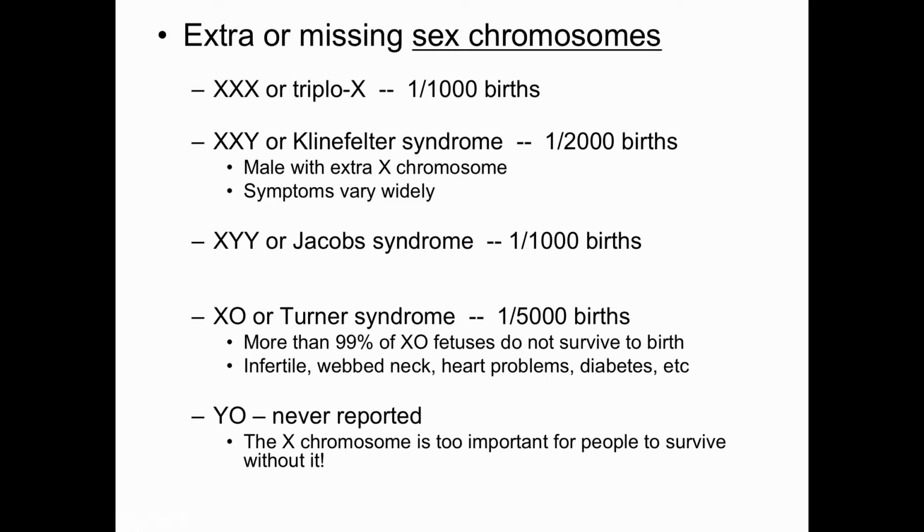It's not that uncommon. Actually, that number on there is not the number that I have in my notes written down. I have Klinefelter's thought to affect one out of every 5 to 1,000 male births. I think that number probably needs to be adjusted on my slide.